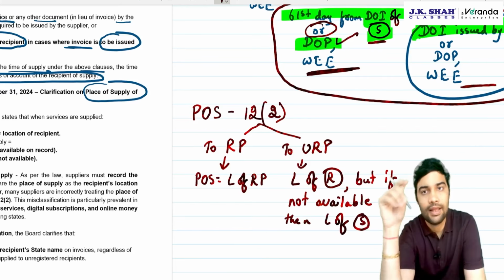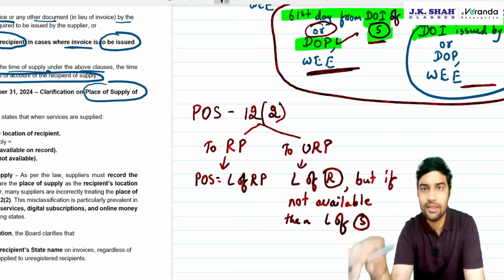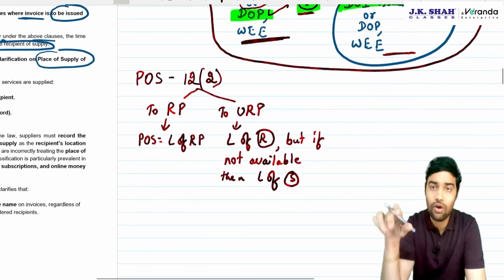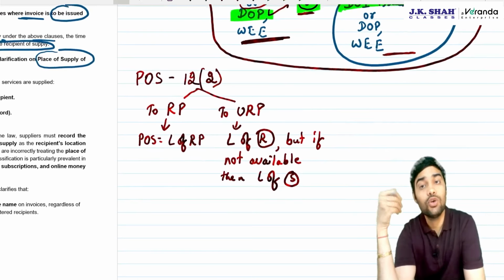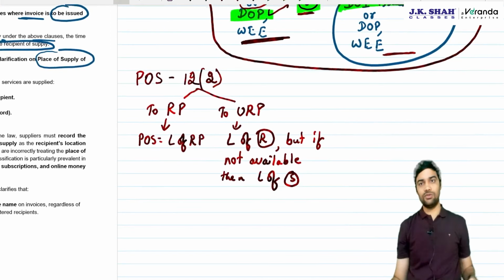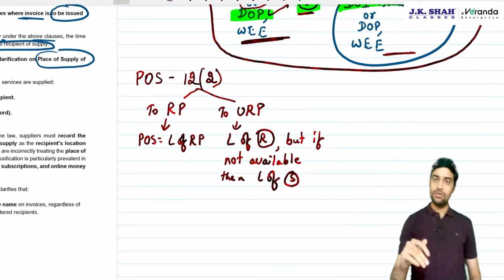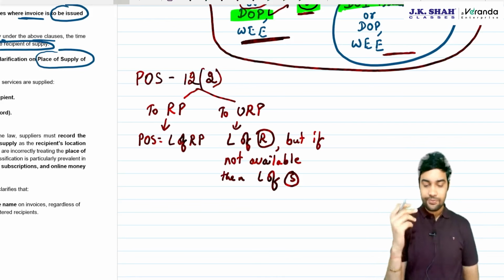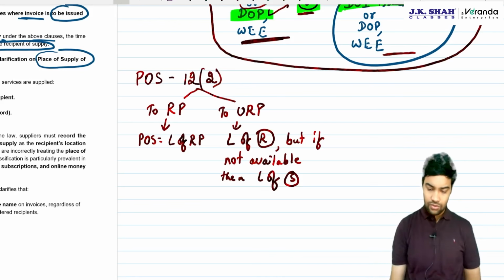Remember this. If you have the location of the recipient, good. If you don't have the location, then in that case the location of the supplier would be used. Correct. Now, there used to be this problem in the online money gaming industry.